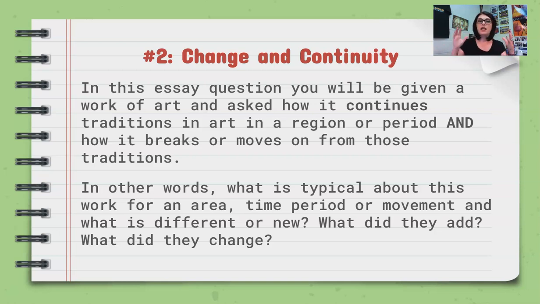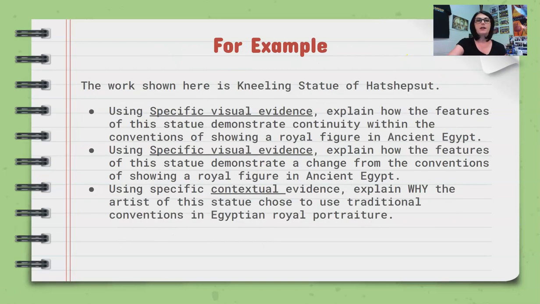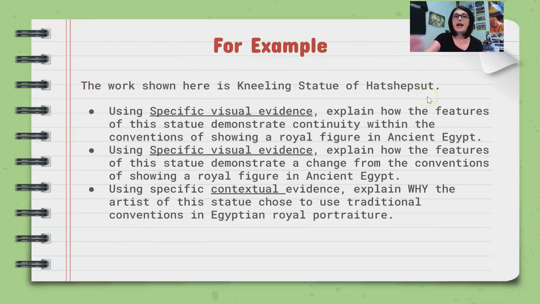So when you're seeing continuity, right? Put that work of art within a specific time or movement. So for example, Egyptian, Near Eastern, ancient civilizations. What is typical Egyptian? What is different from typical Egyptian? All right, those are things to think about. So for example, if I had the statue of Hatshepsut kneeling, which you can look up, I forgot to add the image on here.